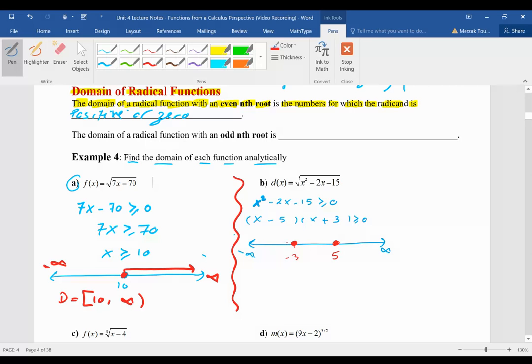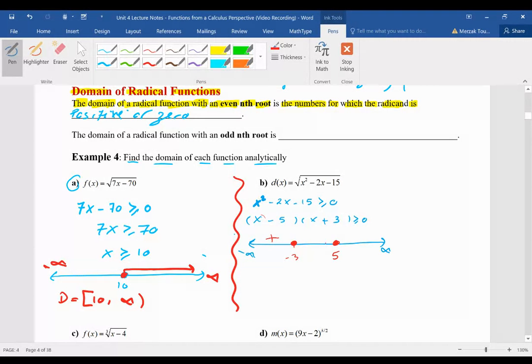Let's choose a number smaller than -3, for example -10. -10 minus 5 is negative. -10 plus 3 is negative. And negative times negative is positive. So the product on the first interval, from -infinity to -3, is positive.